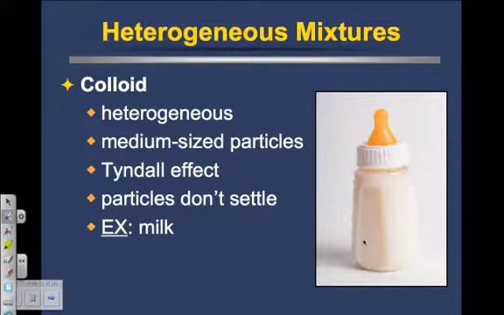Also, the particles will not settle. So in milk, nothing ever actually settles in the milk. Whipped cream would be another example of colloid. Mayonnaise would be another example. Again, it does look like one thing, but the particles are so large the light can't get through them, or you would see a beam.